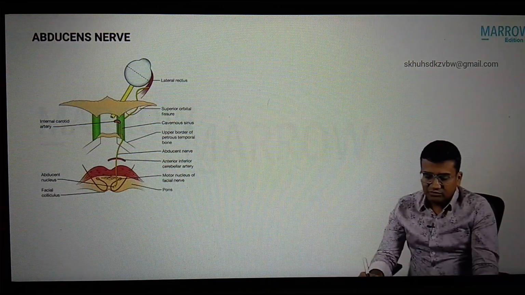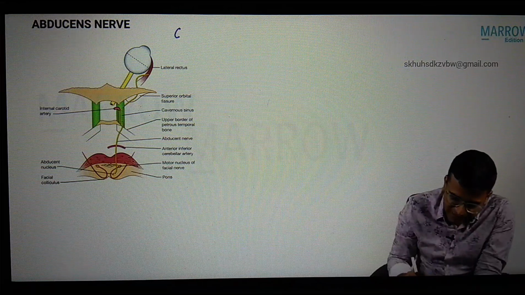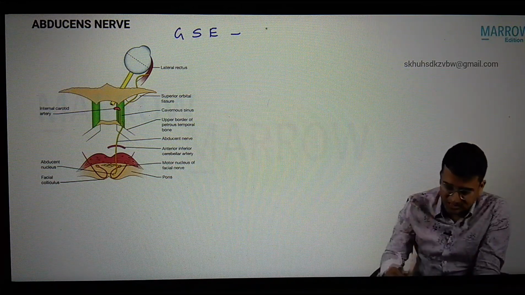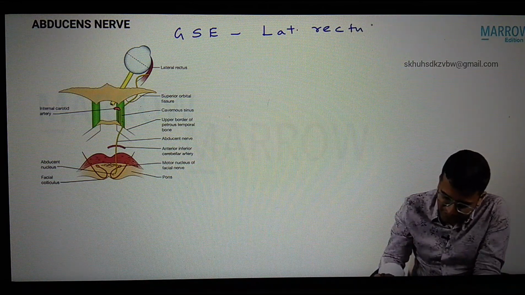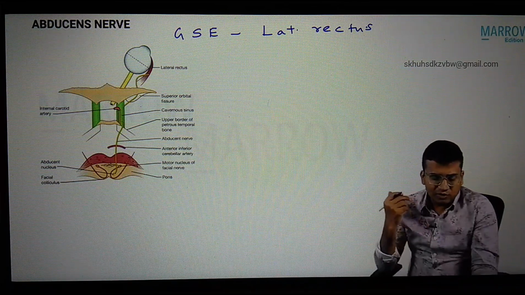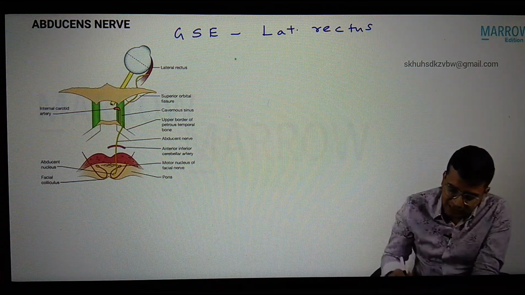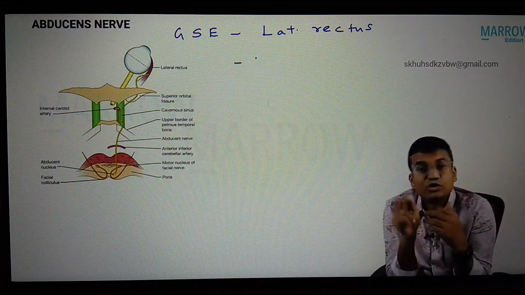Okay. Now, the abducent nerve again has only one functional column, general somatic efferent, and supplies only one muscle. Which muscle? Lateral rectus muscle. Now, what are the specific features of the abducent nerve? See, the abducent nerve has a course inside the dura mater.